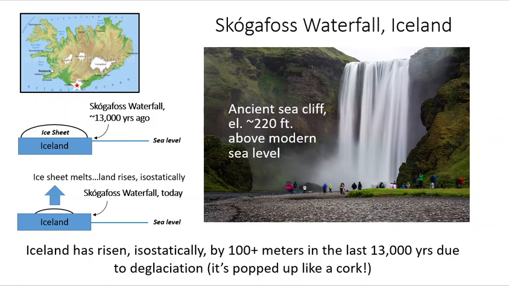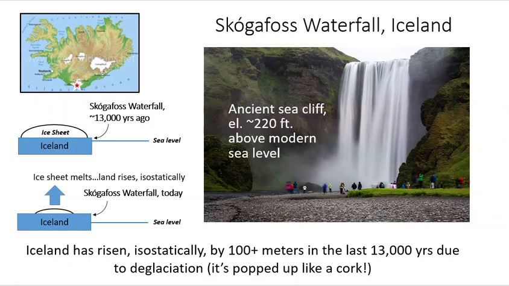What's interesting about the Skógafoss waterfall is that the cliff over which the waterfall is plunging is an ancient sea cliff that formed at sea level a mere 13,000 years ago or so. Quite literally, in that right-hand photograph, ocean waves were lapping at the bottom of that cliff as recently as 13,000 years ago. Well, what's going on there?